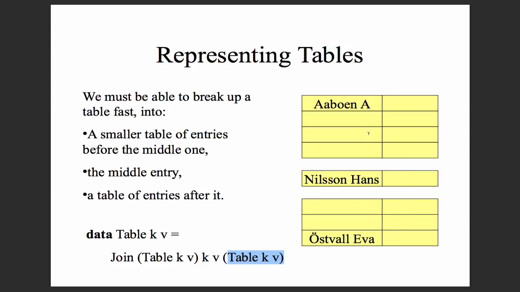Because that means that not only are we going to split this big table into a first table, the entry, and a second table, we're going to do that recursively. We're going to also split this one into its middle element, the ones that come before and the ones that come after. Okay?